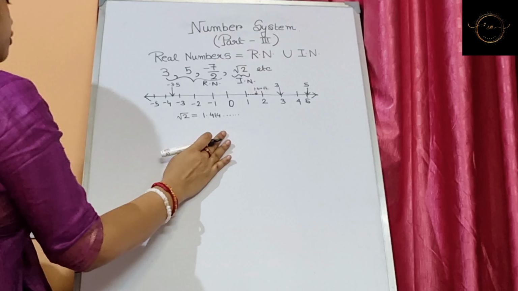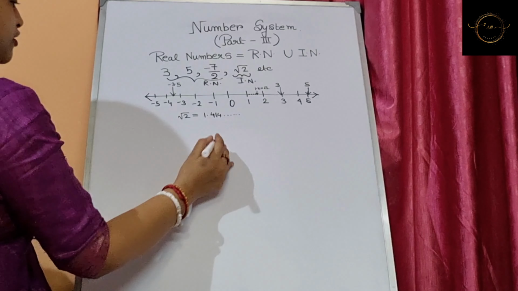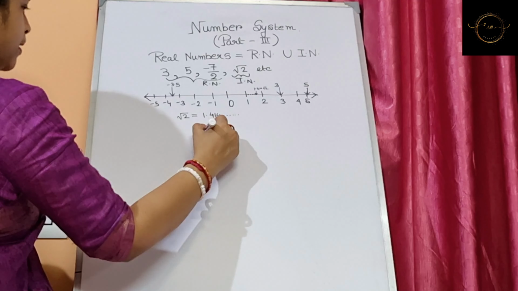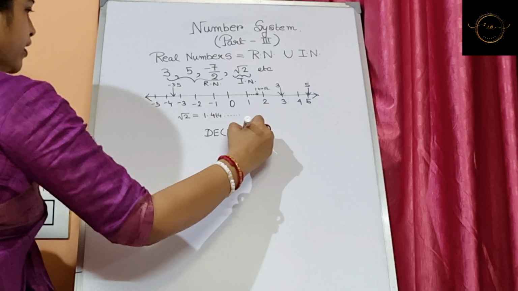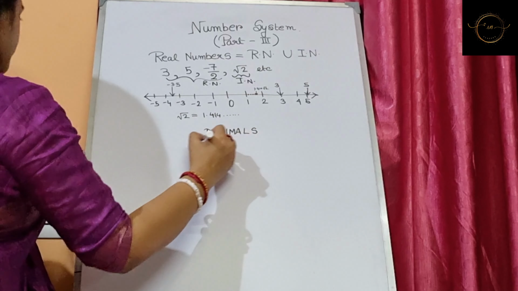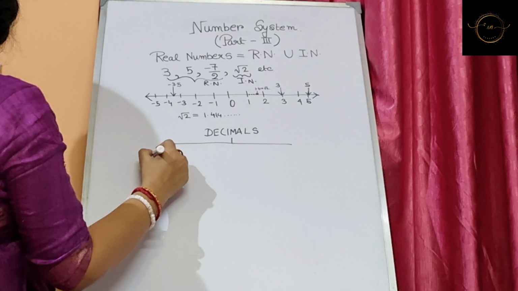So let's come now to the decimal representation of rational numbers and irrational numbers. Here we write these as decimals. Decimals are of two types.